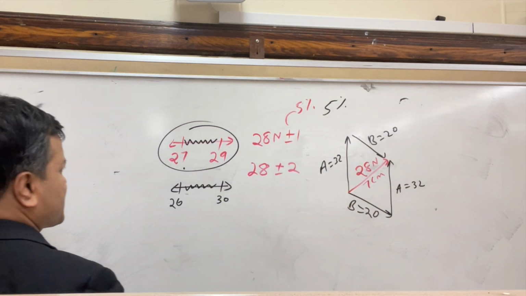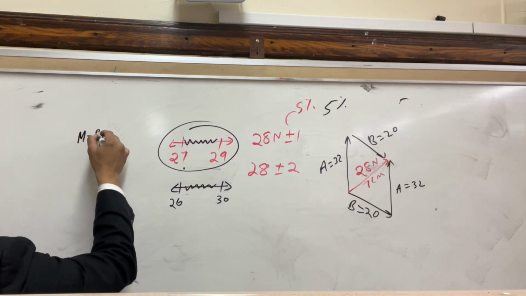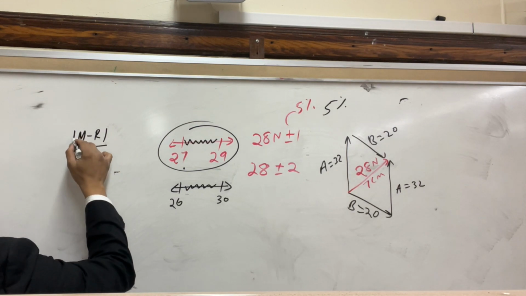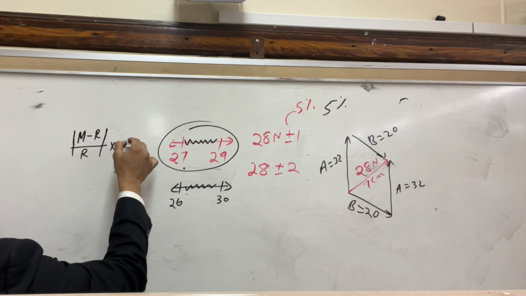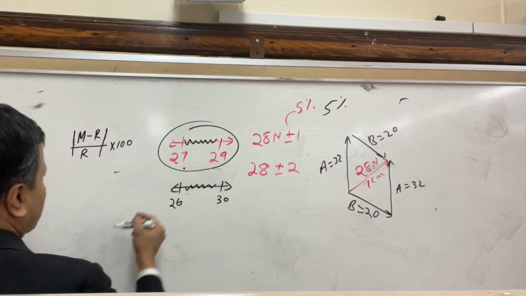How do you know this is 1%? Well, very easy. The measurement minus the real value, absolute value, over the real value, times 100%. We're going to do it for 27 and then 29.